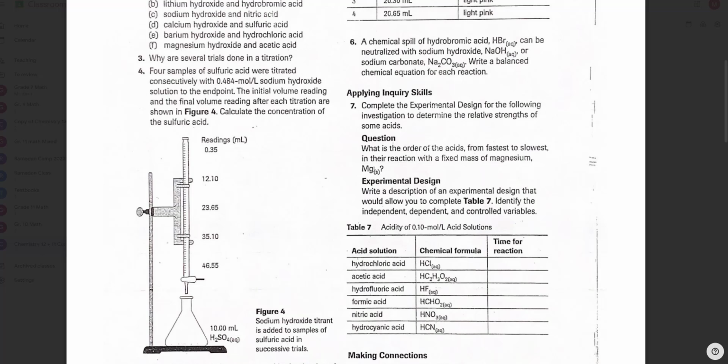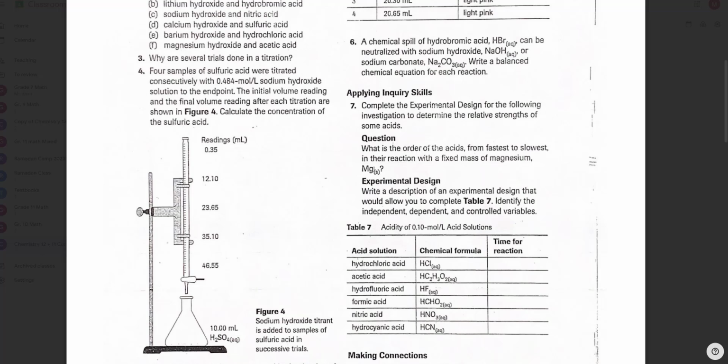And when you add the magnesium to the acid, what will end up happening is obviously you have a stopwatch, and you will run the timer and check for the time, and you would stop the time for when the color changes for your acid, because the magnesium is going to react with.